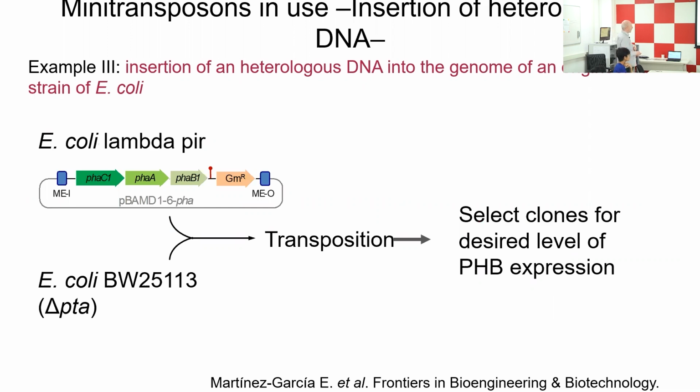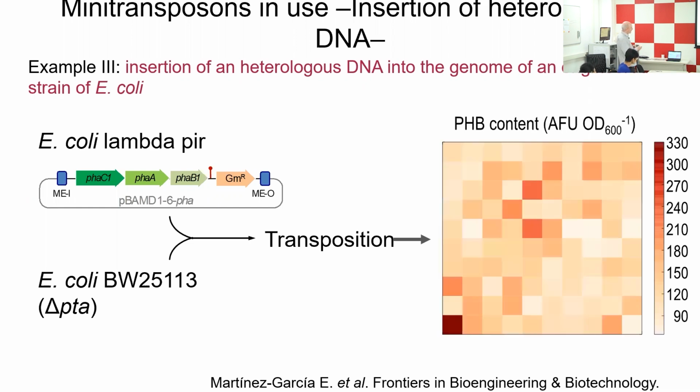So this will be one of the most common cases where you use transposons for genome engineering, because you have a segment of DNA that you want to introduce in a stable fashion in the genome of a target bacterium such as E. coli, okay? And then you make the transposition, and then you select the clones for a desired level of expression.